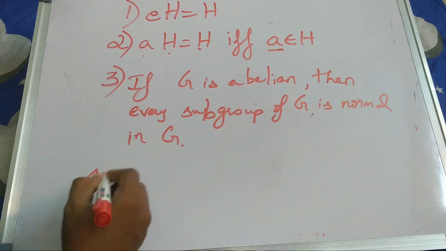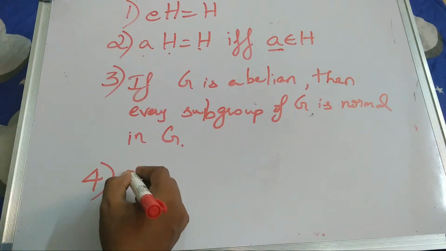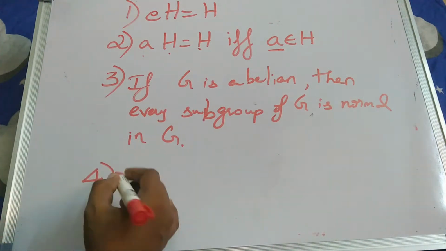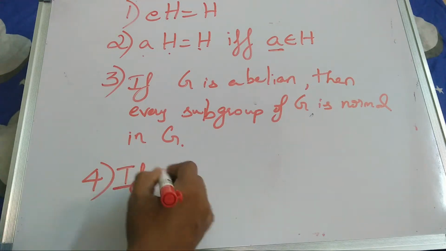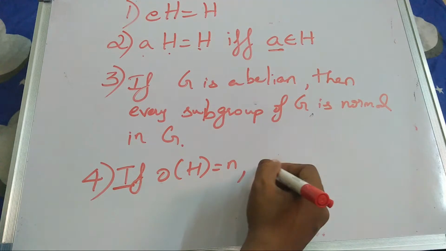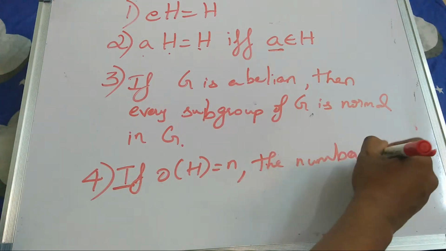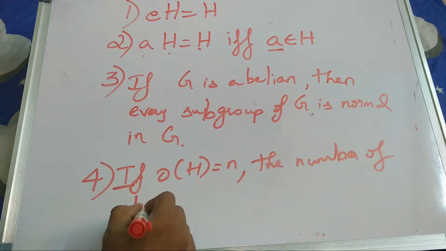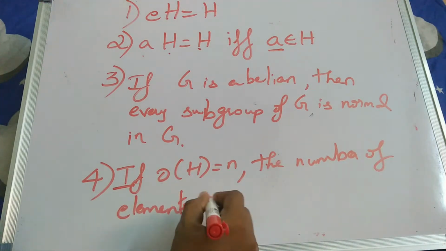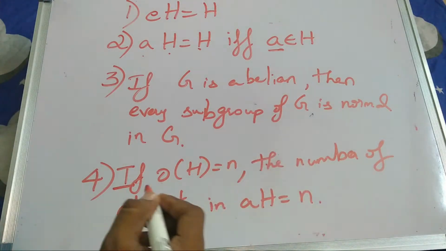Now the next observation, I stated this observation in the last class. Let me recall it again. This is regarding the coset. If the order of H is equal to n, then the number of elements in aH will be equal to n.